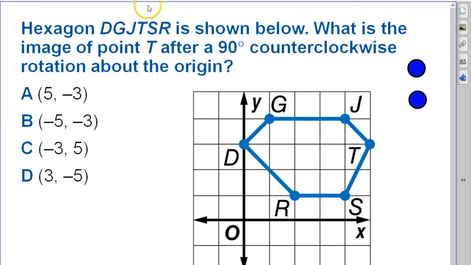Okay, so here's the first problem. We're going to take DGJTSR, whatever they chose that for, and we're going to rotate it 90 degrees counterclockwise. They want to know where point T would be after that rotation.